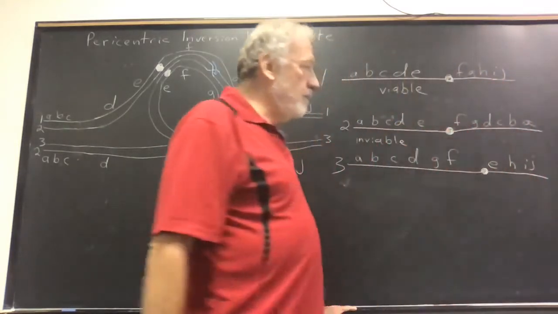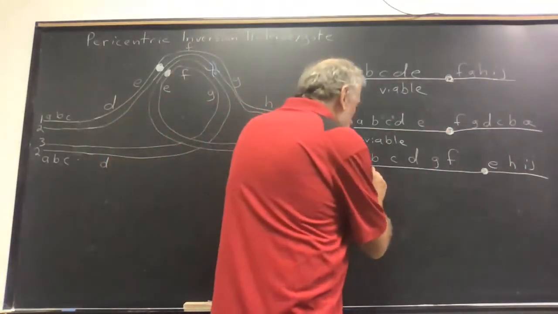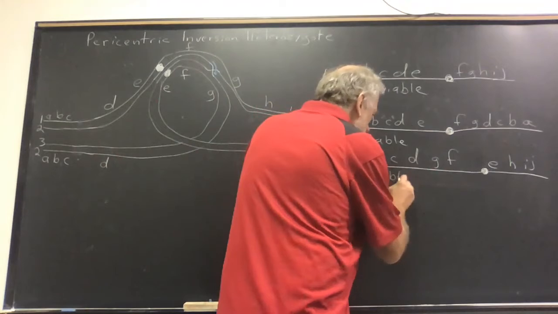And this one has the inversion, but it's got all the genes in the right number. So it's a viable gamete.